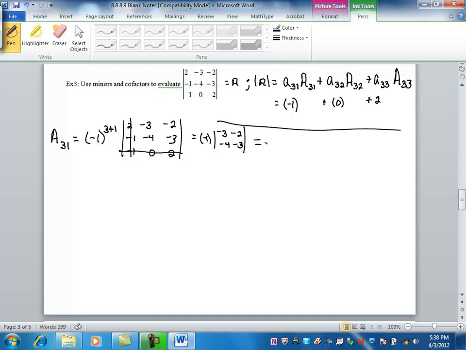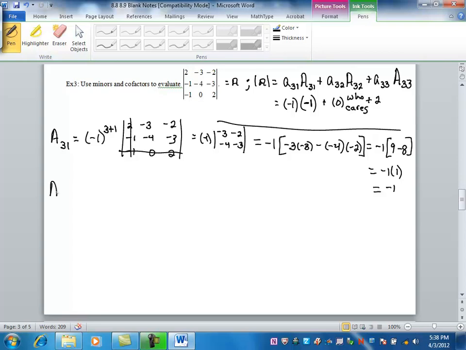And so let's see, this is negative 1 times negative 3 times negative 3 minus negative 4 times negative 2, negative 1 times 9 minus 8, negative 1 times 1 is negative 1. So there's that particular cofactor, and we don't really care what this particular cofactor is.